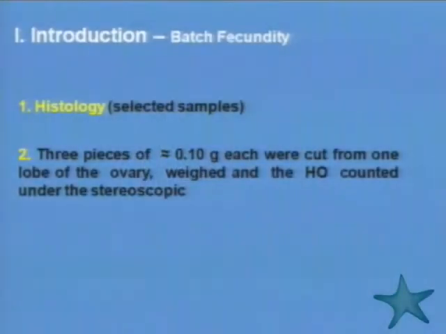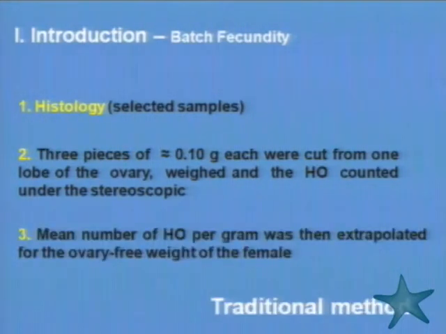After the samples are selected, we cut 3 pieces of more or less 0.1 grams each from one lobe of the ovary. We weigh them, and the hydrated oocytes are counted under the stereoscope. After that, the mean number of hydrated oocytes per gram was then extrapolated for the ovary free weight of the female.